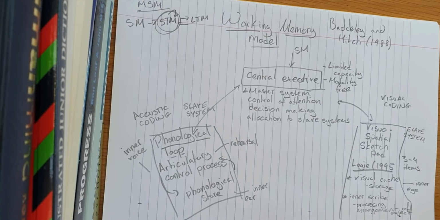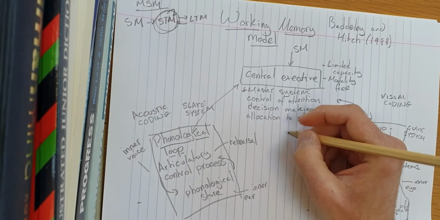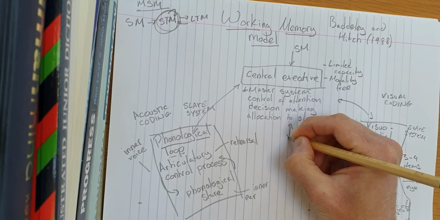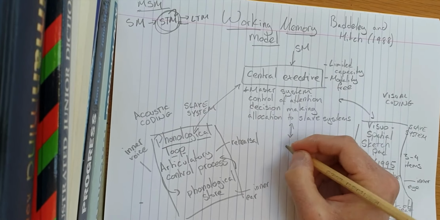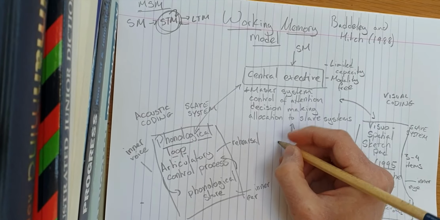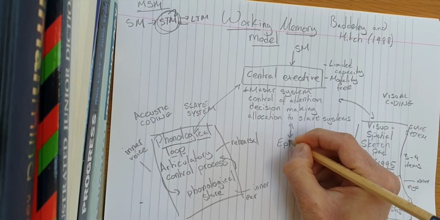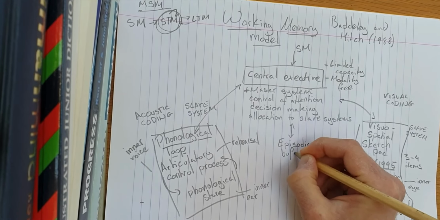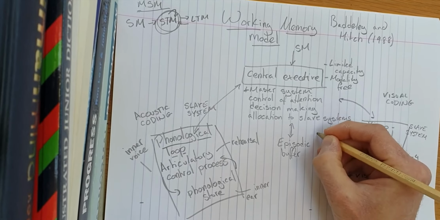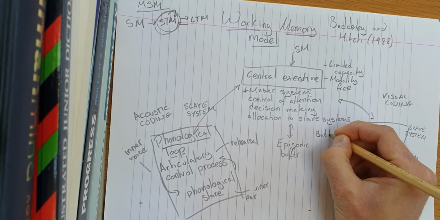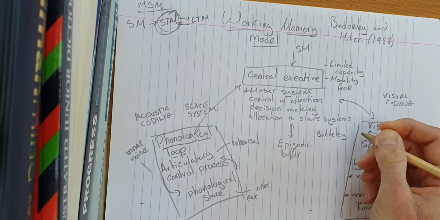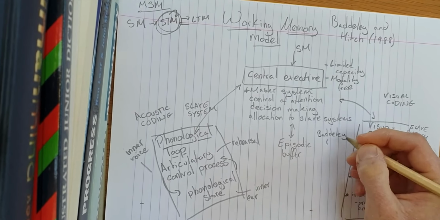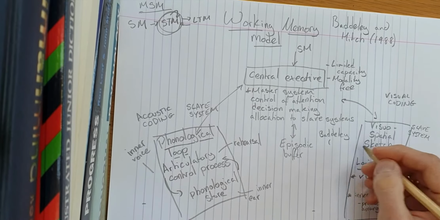The final slave system that you need to know about wasn't added by Baddeley until much later, in 2000. It's called the episodic buffer. Baddeley added this because before this, there wasn't really anywhere for the short-term memory to store anything that wasn't phonological or visuospatial.